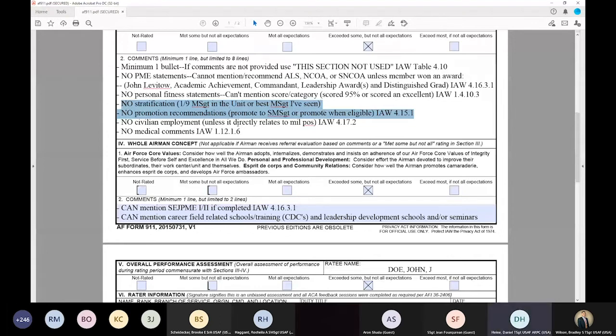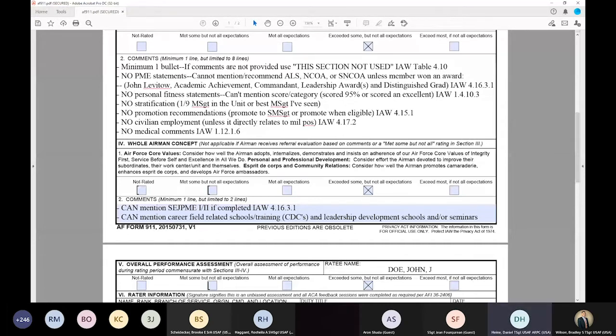Civilian employment. So the member cannot have civilian employment on their EPR unless it directly relates to a military position. So if the member's a technician and they do the same job on drill weekends that they do when they're a technician, then that can be mentioned.